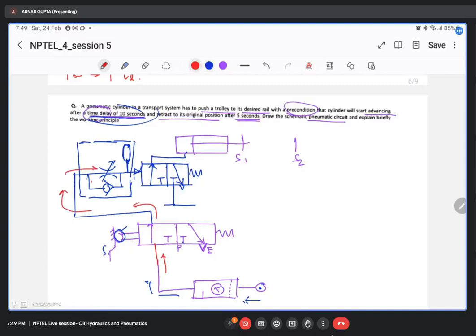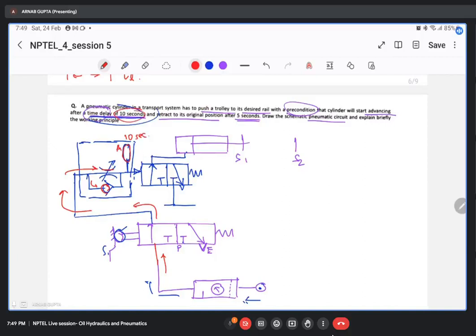Here it can't flow because this will be checked by this NRV, non-return valve, and it will flow through this metering circuit, the stroke valve. Next, it will go and fill up this accumulator. This accumulator is designed in such a way that it provides a delay of 10 seconds.